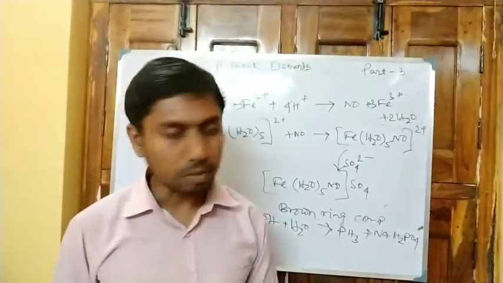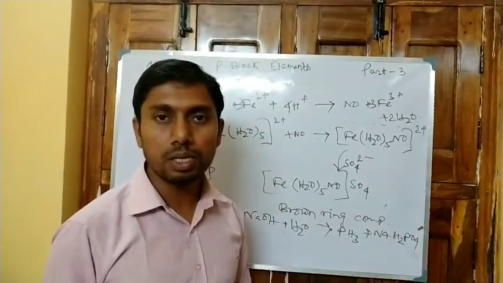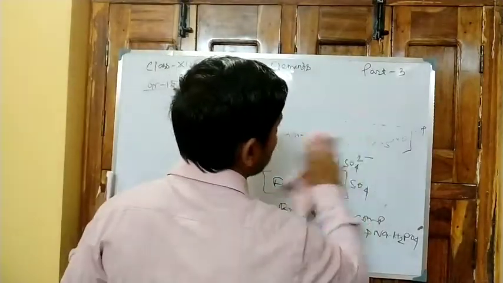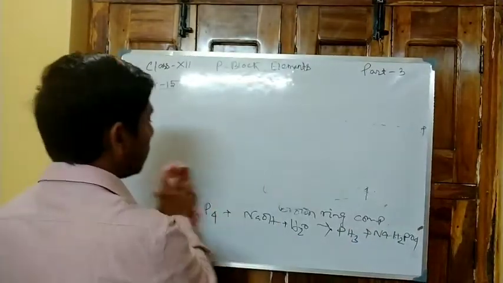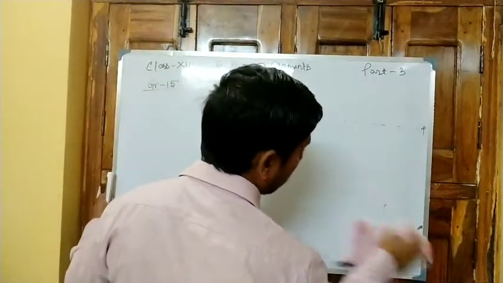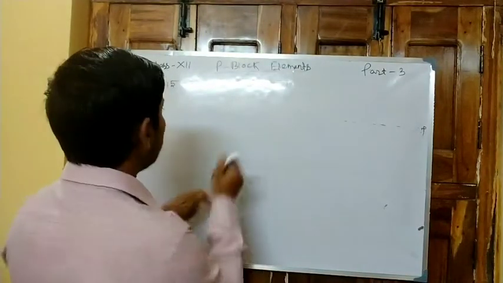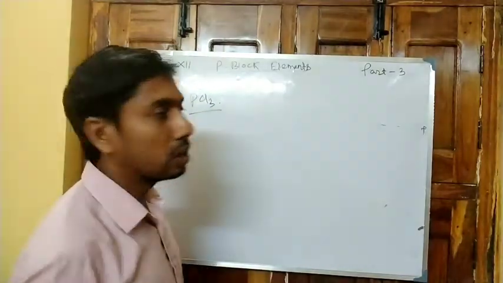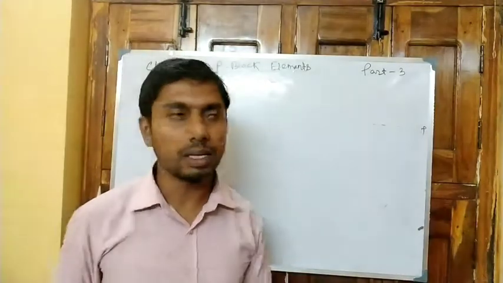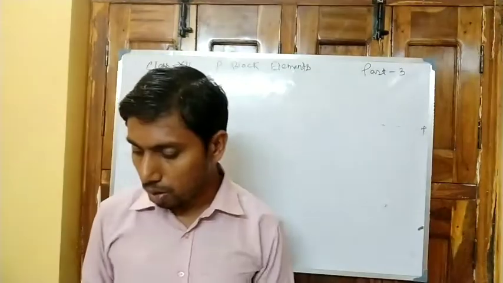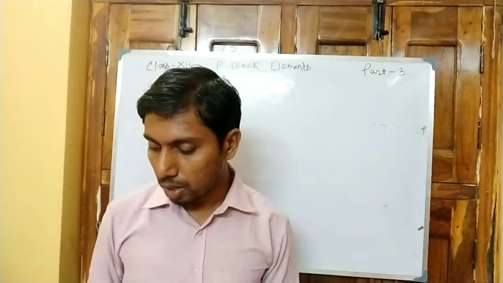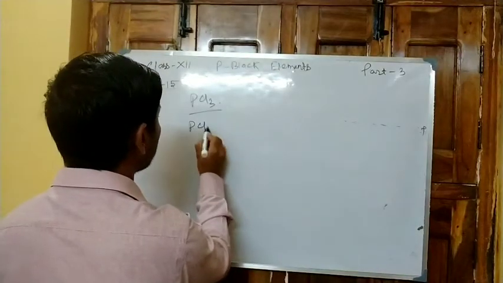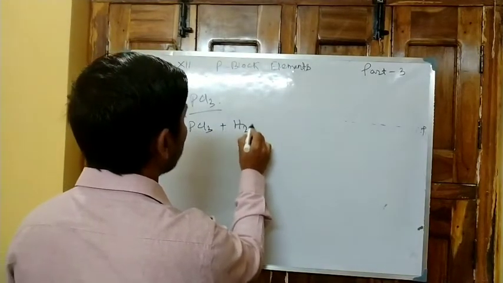Next compound, that is phosphorus trichloride. So phosphorus trihalides, that is PCl3, PF3, PBr3, etc. Now PCl3. We have already discussed these are of the type of ammonia, that is, tetrahedral structure. Now how phosphorus chloride reacts with water. Here all the halides react with water to produce some acid.